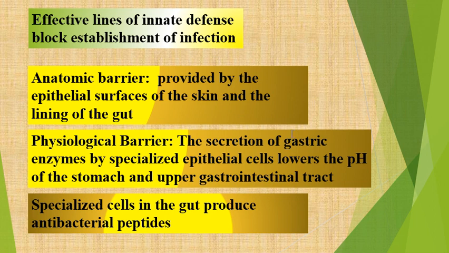The second barrier that we are born with is the physiological barrier. One of the physiological barriers we have is hydrochloric acid in the stomach. Also, when someone gets infected by a virus, for example viral hepatitis B, the infected cell will produce antivirals, for example interferons, to protect adjacent uninfected cells.